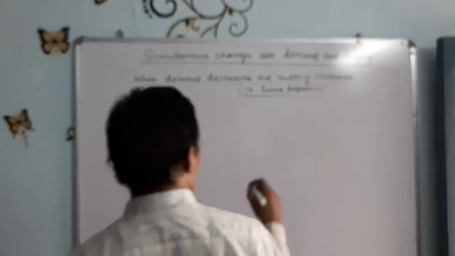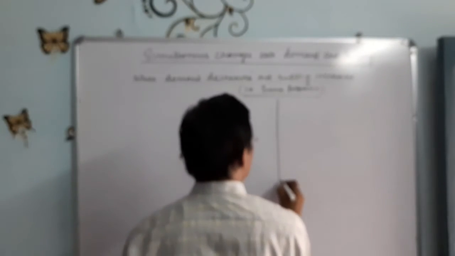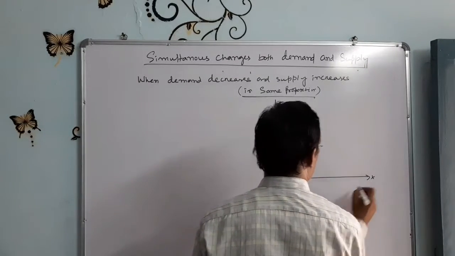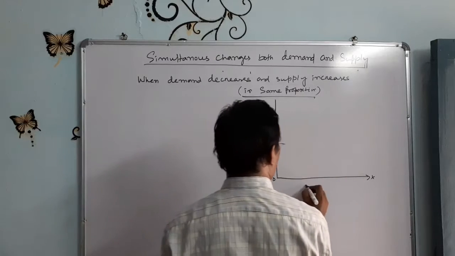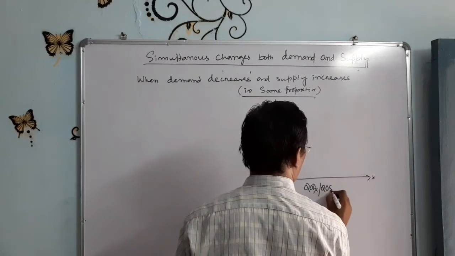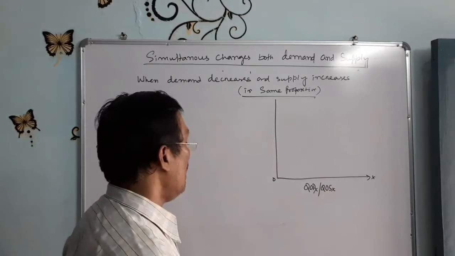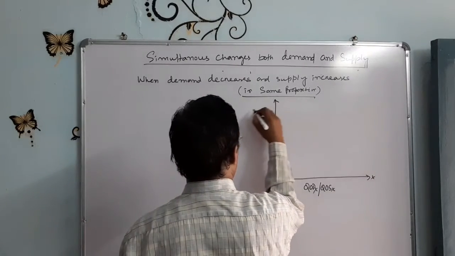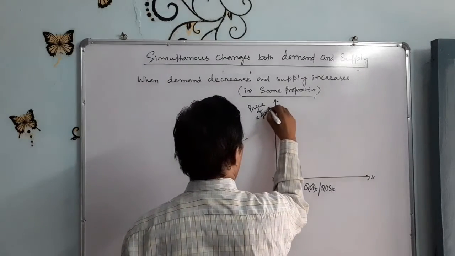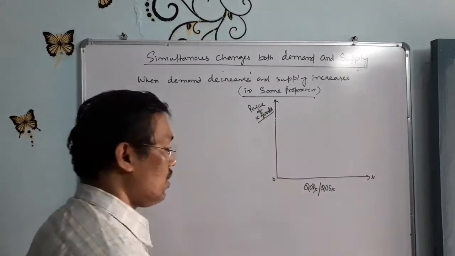Demand decreases. Now the initial stage: the OX-axis represents the quantity of demand of X goods and quantity of supply of X goods, and the Y-axis represents the price of X goods.